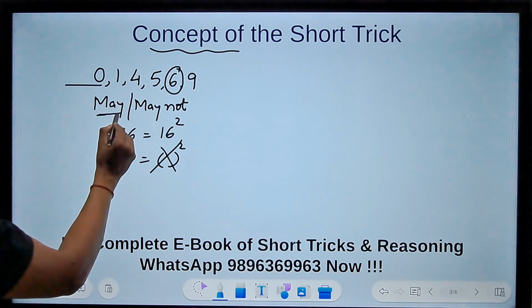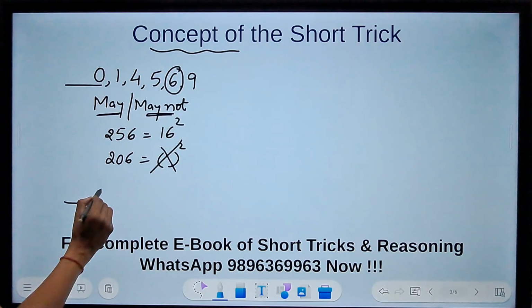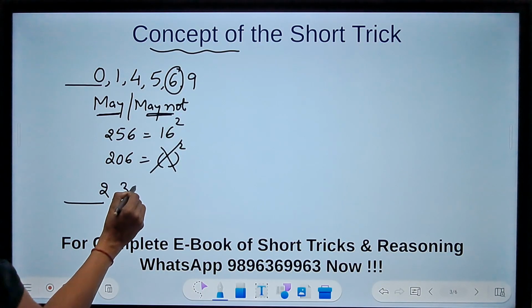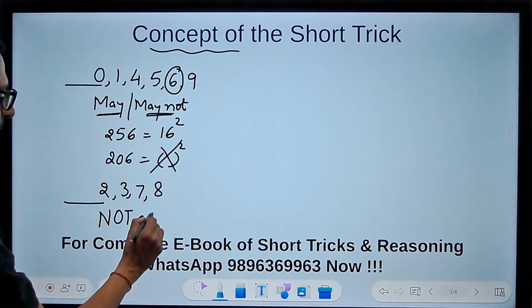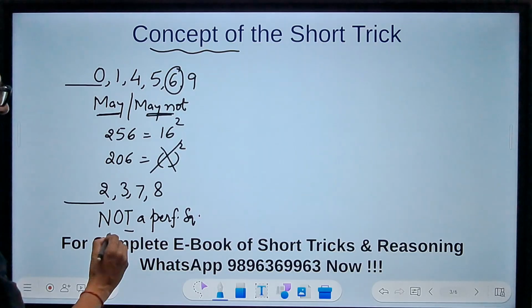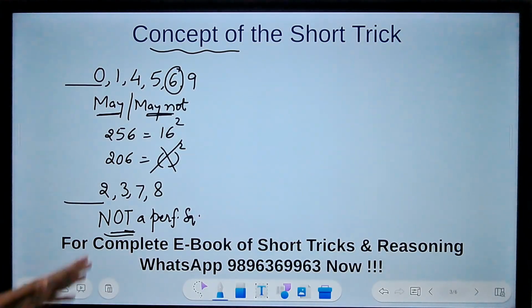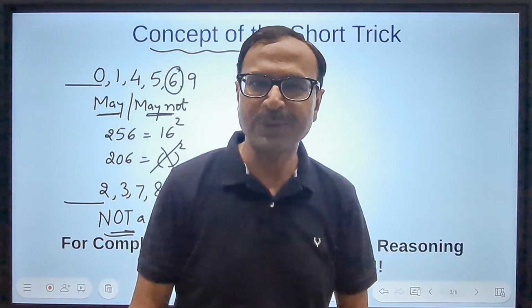But yes, it may or may not be a perfect square. But any number ending in 2, 3, 7 and 8, they are definitely not a perfect square. So this is the first thing you should know when you are actually starting the topic of square roots.